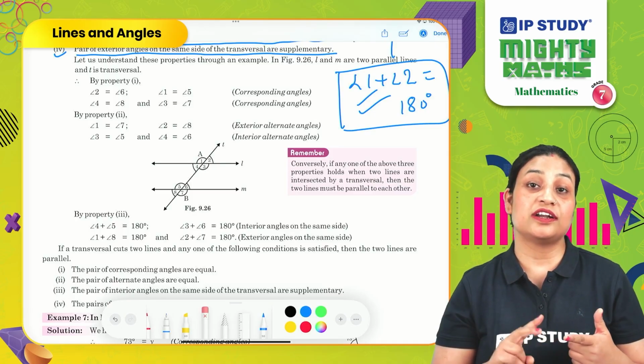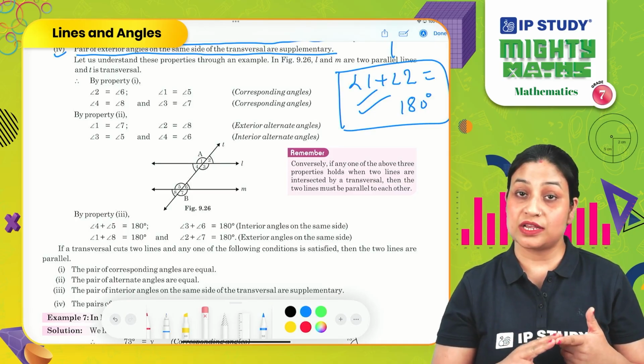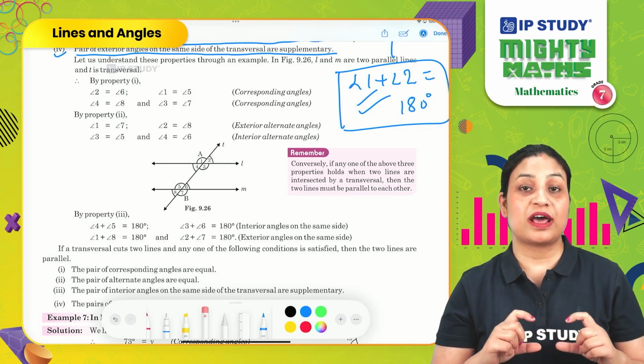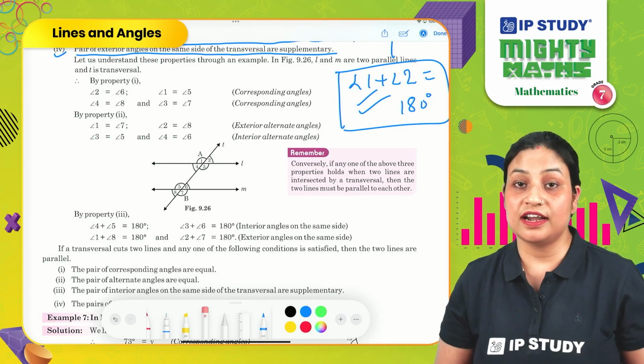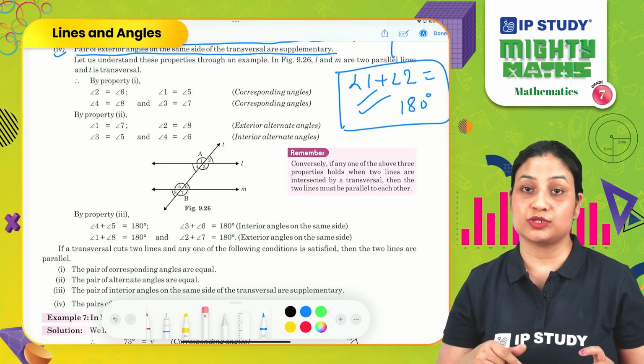Then we saw the different types of lines we have. The first is parallel lines, the second is the transversal line. Then we discussed what happens if a pair of parallel lines is intersected by a transversal line at different places. At the end, we saw the angles formed by parallel lines and a transversal, right?